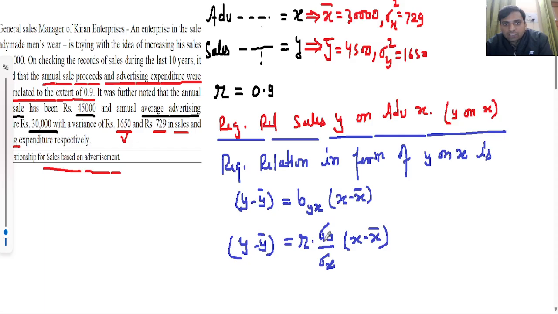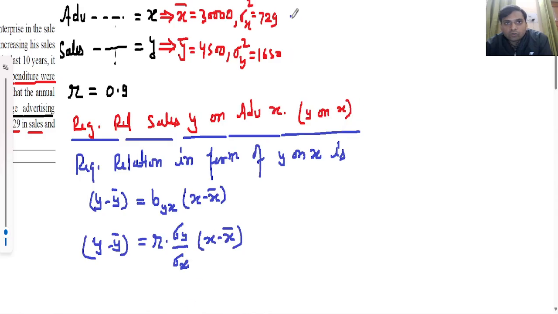So r is given, and sigma y and sigma x are also given, because you have sigma x square and sigma y square.